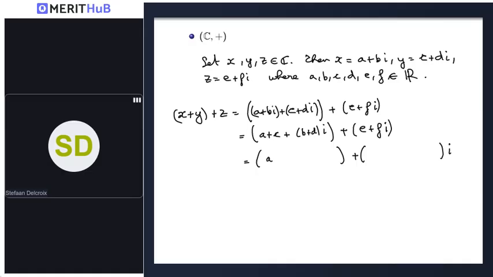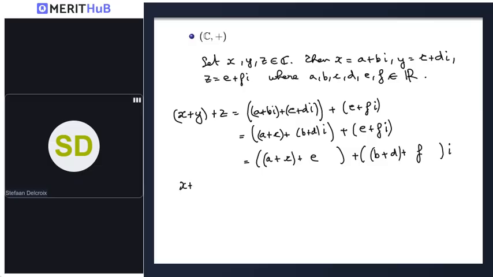So if I write A plus C plus E, I'm skipping a piece. And here B plus D plus F, that's not what a computer would see. Because the computer sees A plus C as one number. It's A plus C, and you add E to it. And then here for the imaginary part, we got B plus D, and then we add F to it.